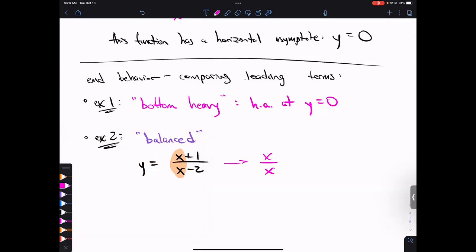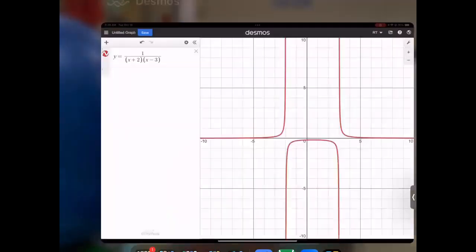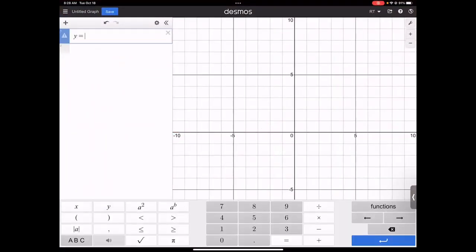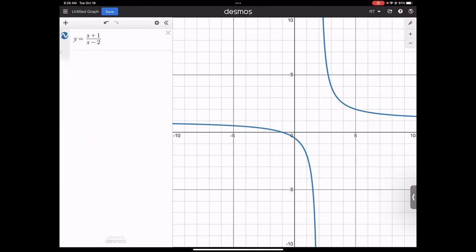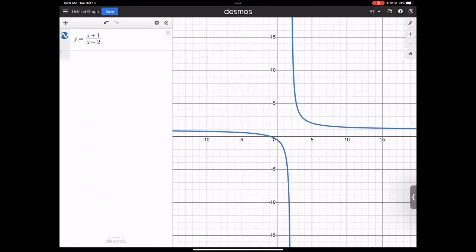And if you see x over x like that, what do you want to do? Reduce it. Cancel to what? 1. So what does that mean about the way this thing behaves far out, the end behavior? There's the graph. How would you describe the ends?